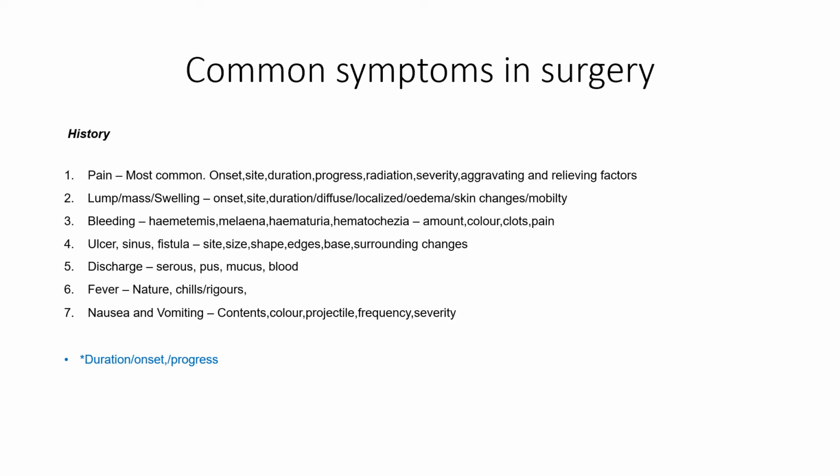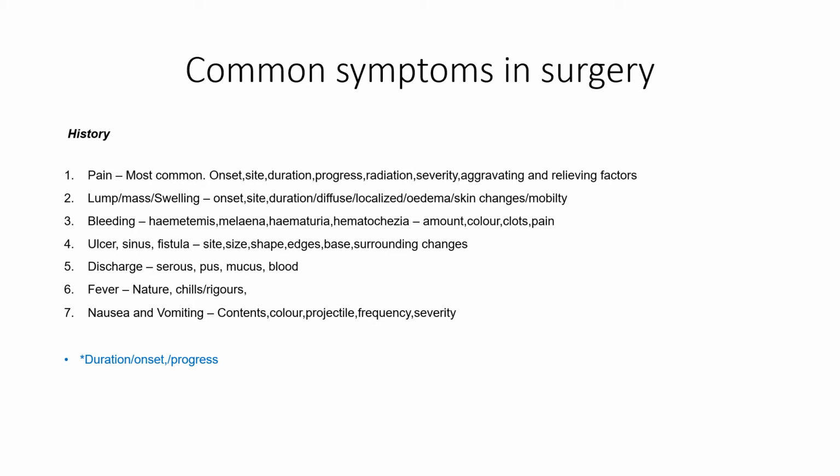The next 3, discharge, fever, nausea, and vomiting, are also important, but they are less specific and do not give us any clue as to the source of the cause of the problem.